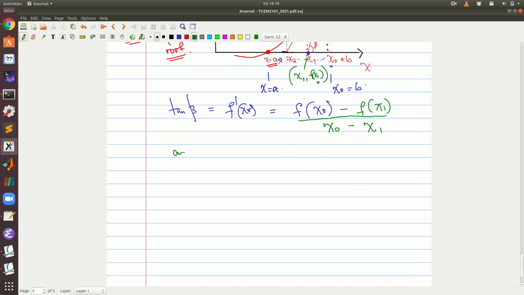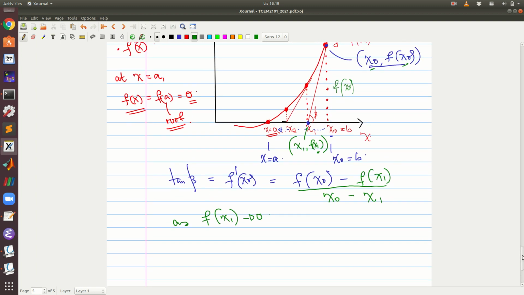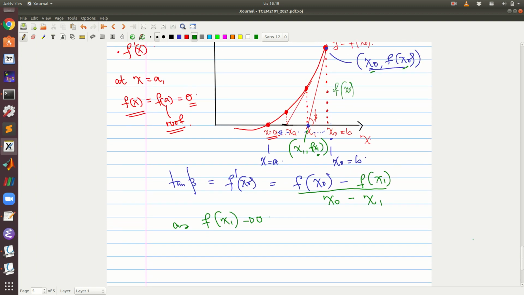Now, as f of x1 approaches 0, then we can approximate this by writing f dash x naught equals f of x naught divided by x naught minus x1.